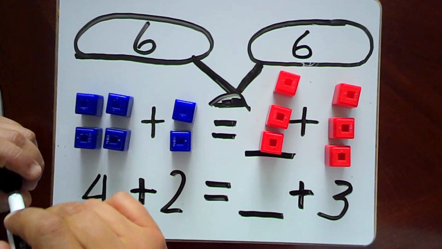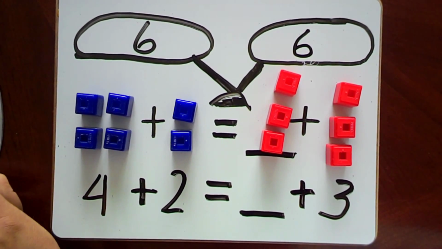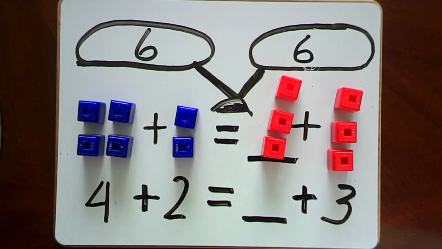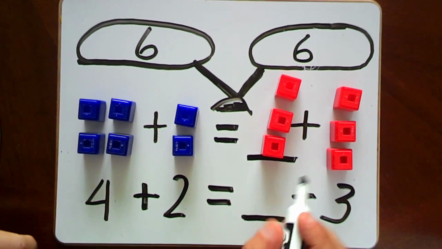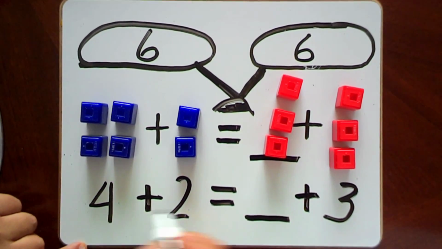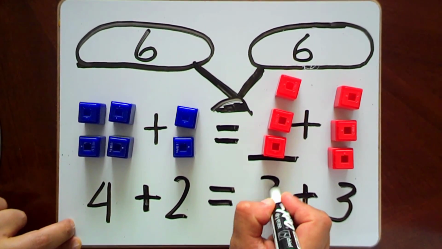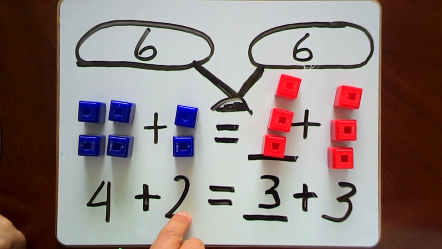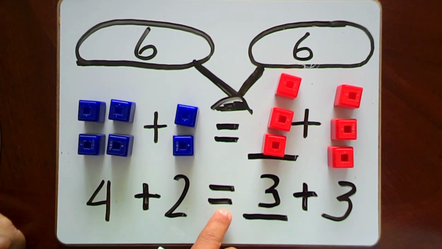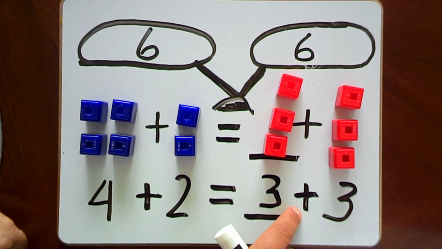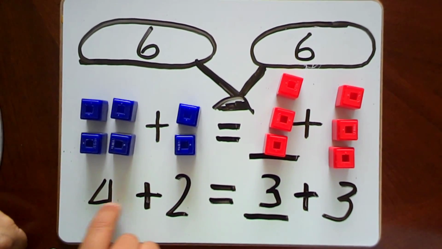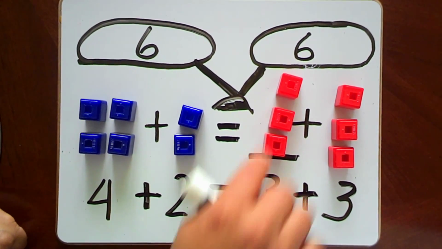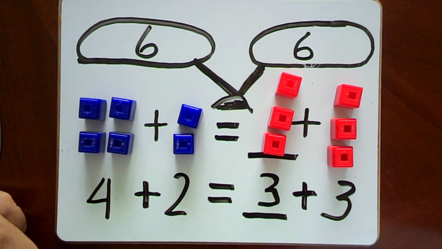So this balance scale will look even now that we have the same amount on each side. So the missing term or the missing quantity on this equation will be 3. And we can say now that 4 plus 2 is the same or is equal as 3 plus 3, because 4 plus 2 equals 6 and 3 plus 3 also equals 6.